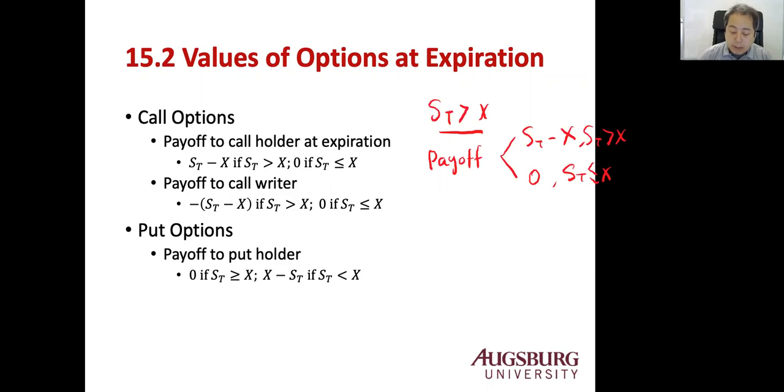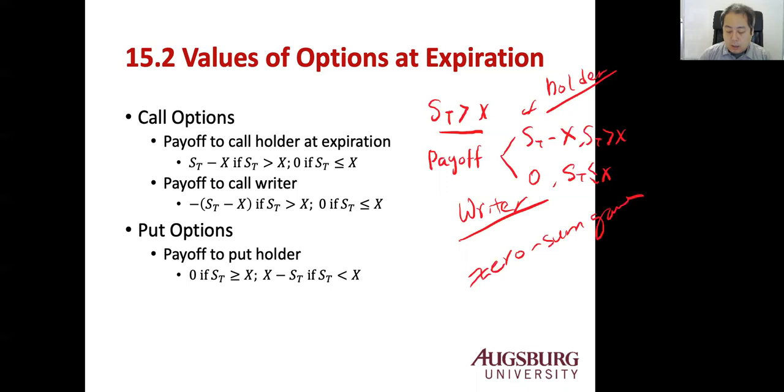For the call writer, this is the holder, right? Call holder. The writer is exactly opposite because they're playing a zero-sum game. The option is a zero-sum game between the option holder and the option writer.